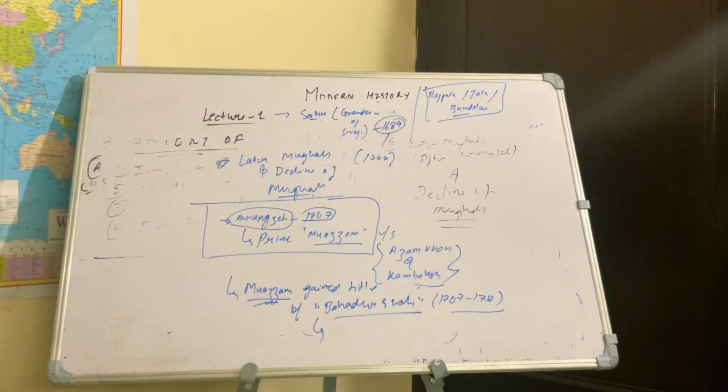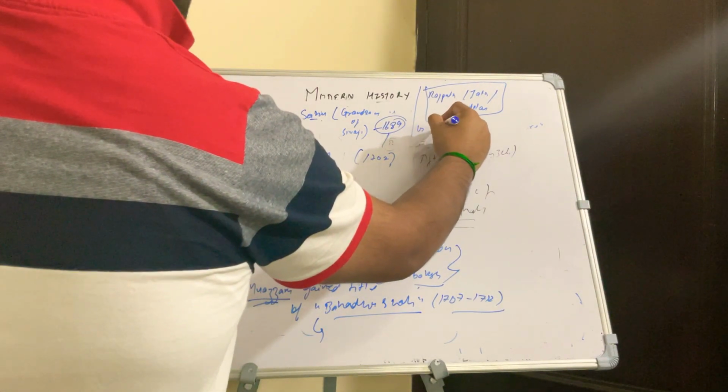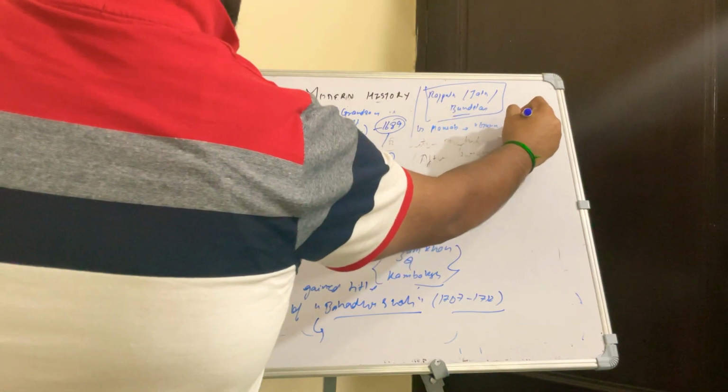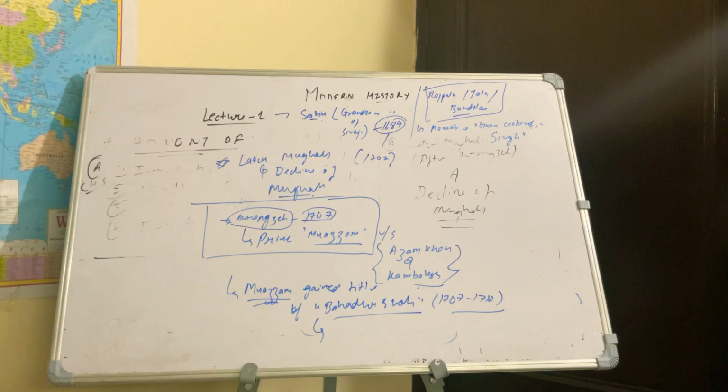Next point, he also offered a very high mansab to Guru Gobind Singh, but after the death of the Guru, Sikh people revolted under the leadership of Banda Bahadur. So write this down: a very high mansab was offered to Guru Gobind Singh, but after the death of the Guru, the Sikh people revolted under the leadership of Banda Bahadur.